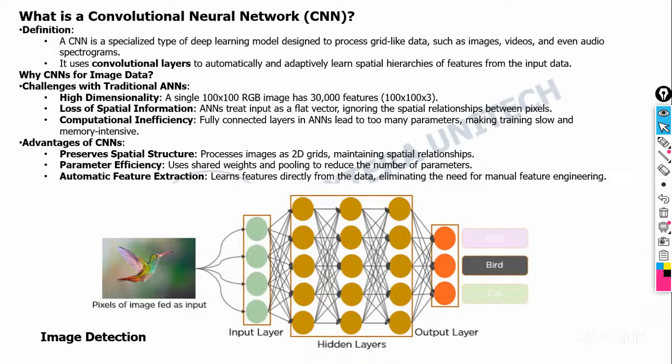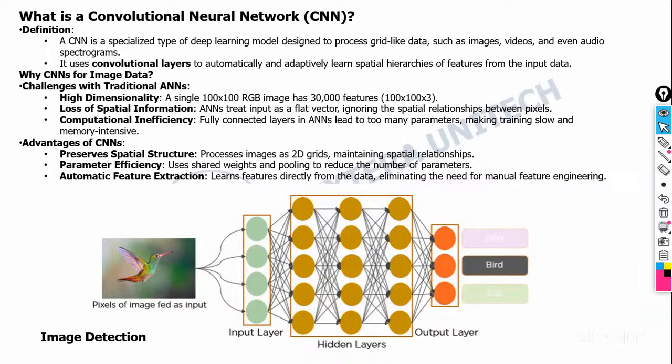Any idea what exactly is convolution? Good. So if you have any understanding with respect to CNN, why don't we share the knowledge?